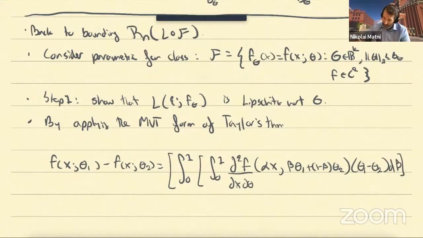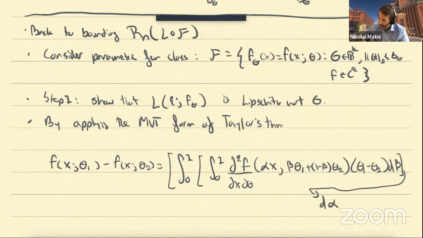I'm going to just continue writing down here. And then we have a d alpha for the other integral, and then we have an x popping out on the side there. This is just an application of the mean value theorem, the Taylor's theorem form of the mean value theorem, applying it to first del f by del x and then del squared f by del x del theta.